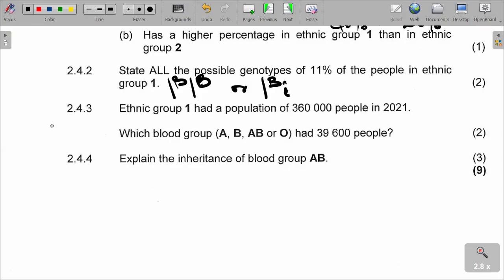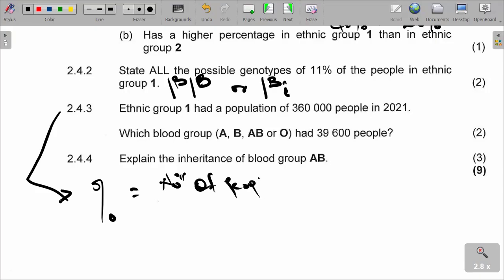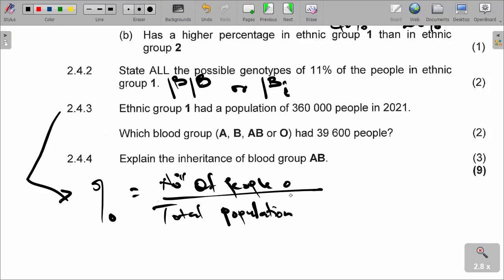In order for us to calculate this, we should say percentage is equals to number of people over total population, multiplied by 100%.